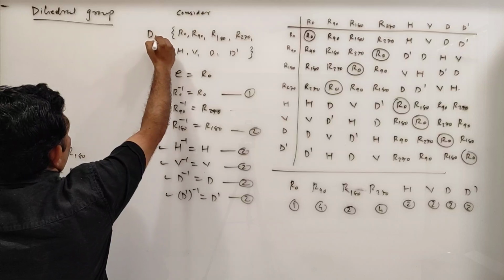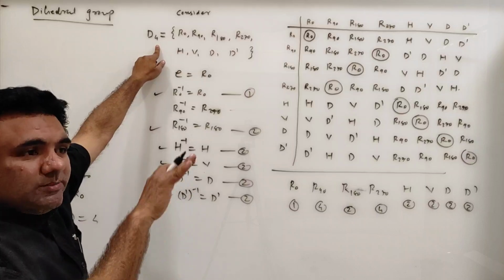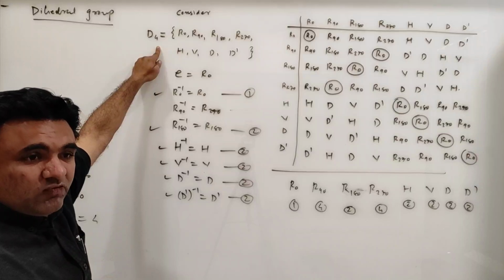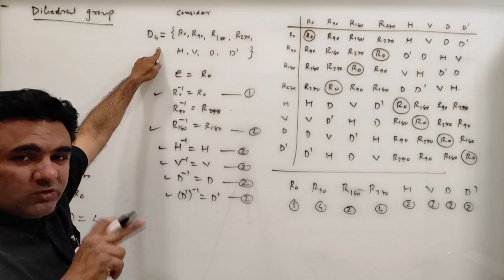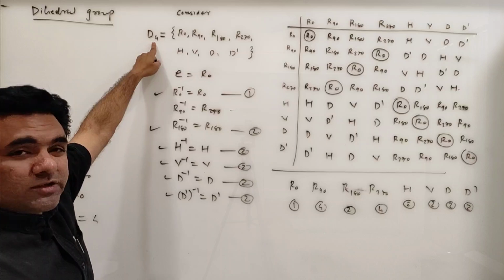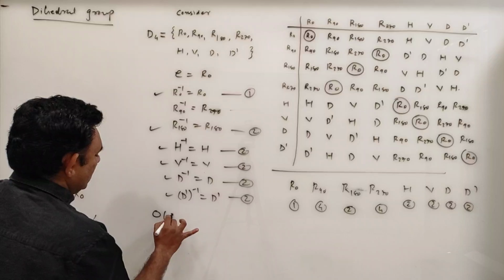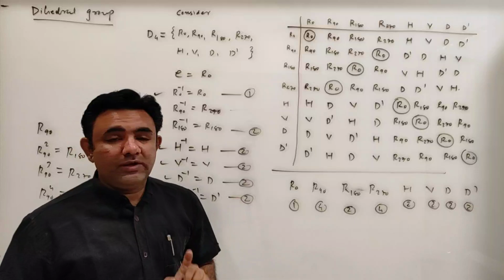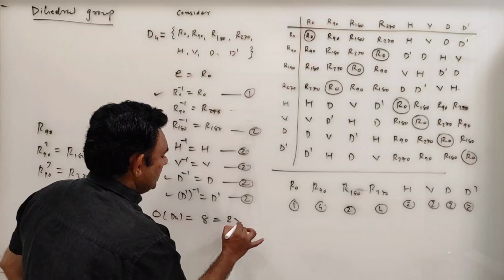I will give the name D4. Why 4? I have used it because it is obtained from the symmetry of a square, and a square is a regular 4-gon. It has 4 sides or 4 vertices, you can say. So I will use the notation D4. तो इस D4 में elements कितने हैं? The order of D4 is 8: 4 rotations and 4 reflections, so 8 elements, which is 2 into 4.